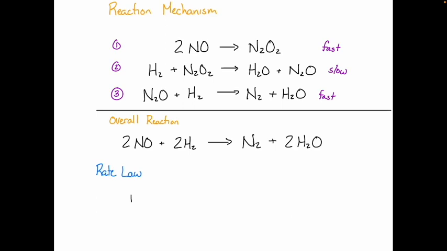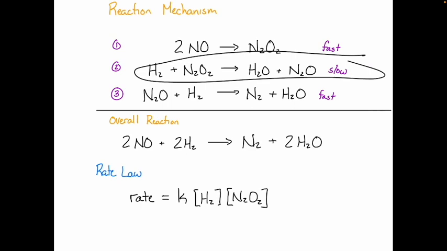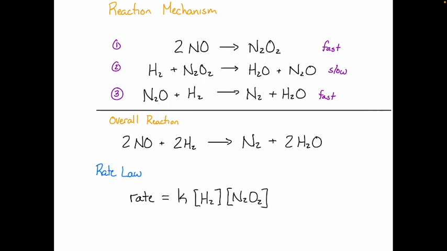All right, so we get that our rate is equal to that rate constant k times the concentration of H2 times the concentration of N2O2, because those are the reactants in my slow step. Looking at this slow step here, I'm going to take the product of those reactants in my rate law.